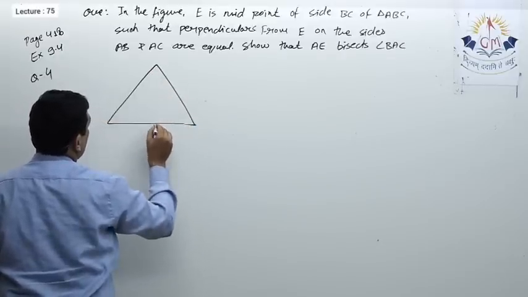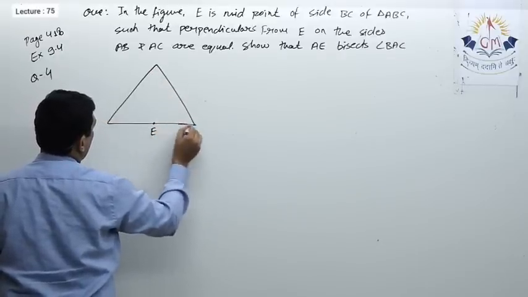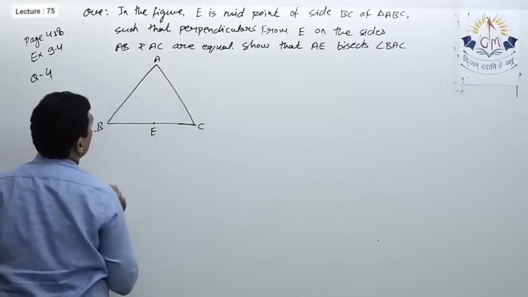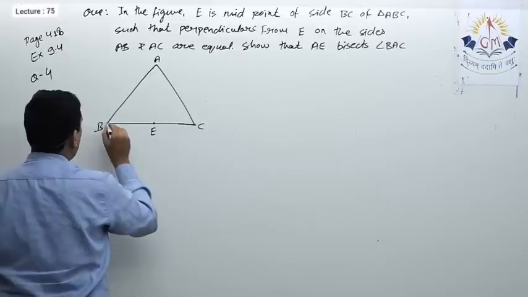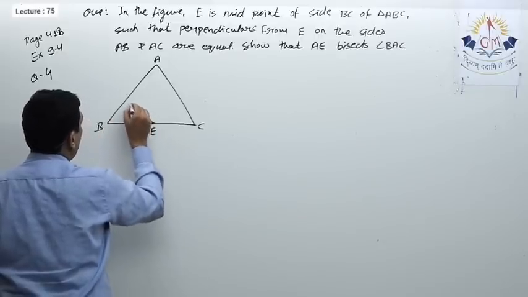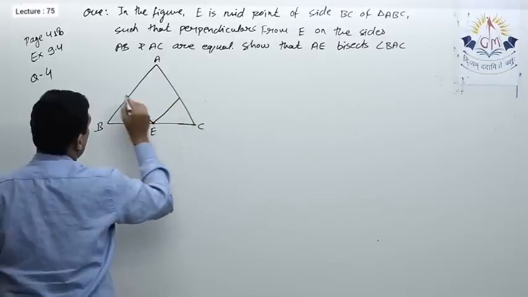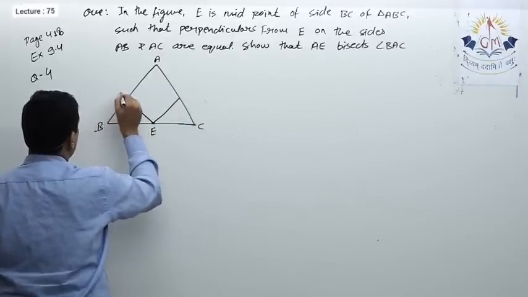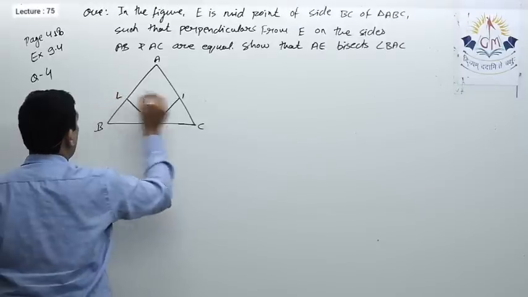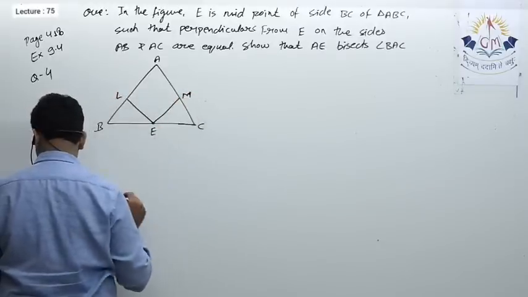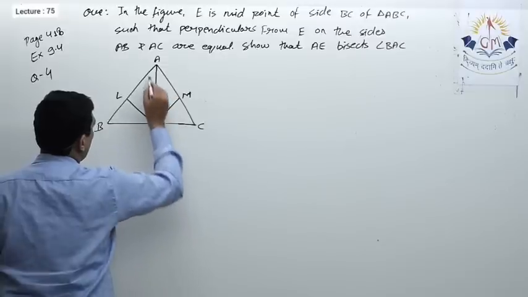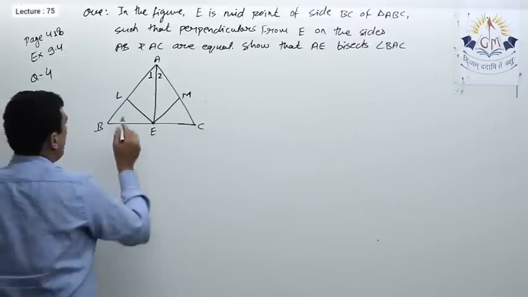It says E is the midpoint of side BC of triangle ABC, such that perpendiculars from E on the sides AB and AC are equal. Let the perpendiculars be, as given in the diagram, L and M. We have to show that AE bisects angle BAC, that means we have to show angle 1 equal to angle 2.